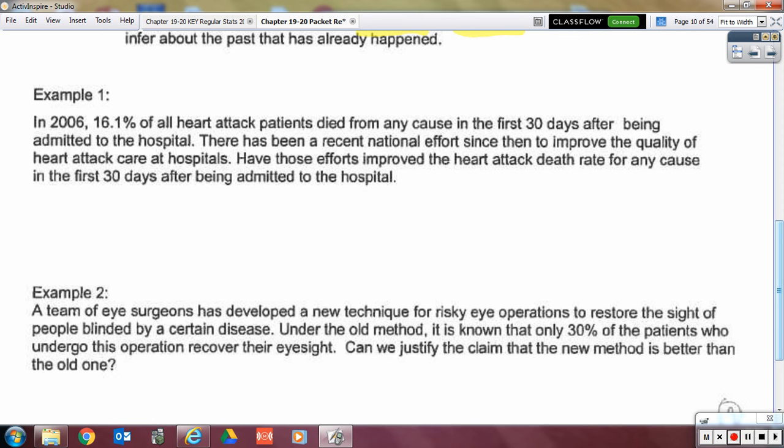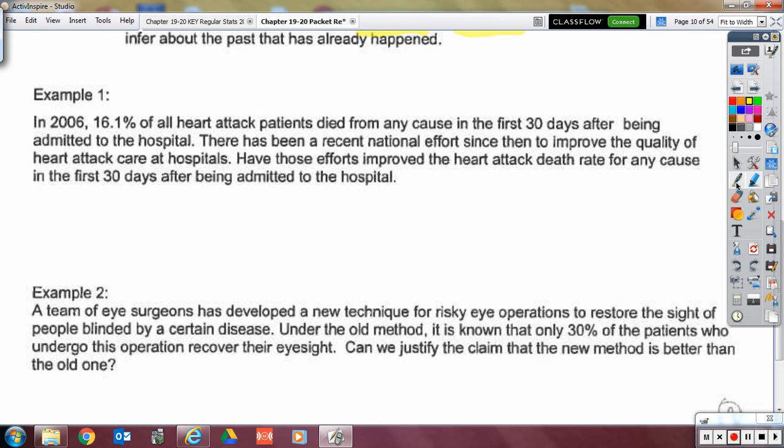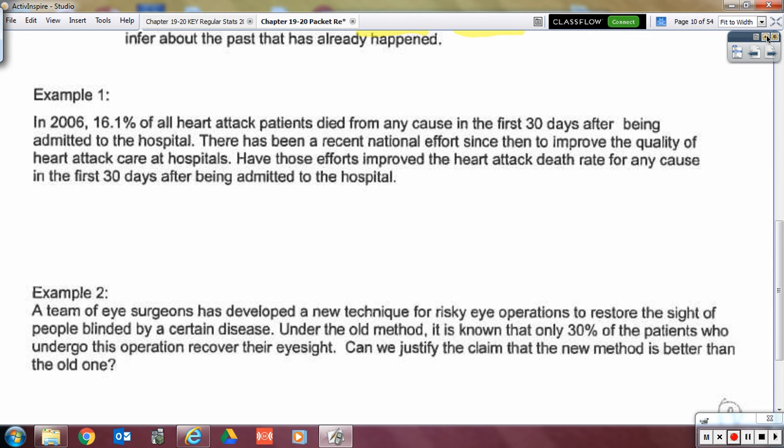Have those efforts improved the heart attack death rate for any cause in the first 30 days after being admitted to the hospital? First, is this a mean problem or a proportion problem? Proportion. Yes, it is a proportion problem. So we're going to write P equals.